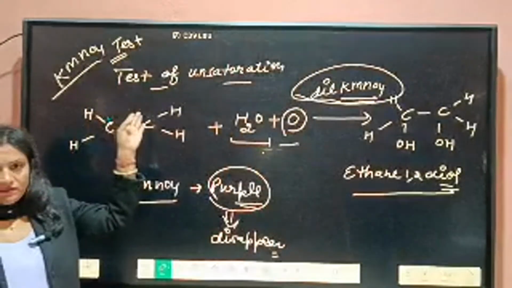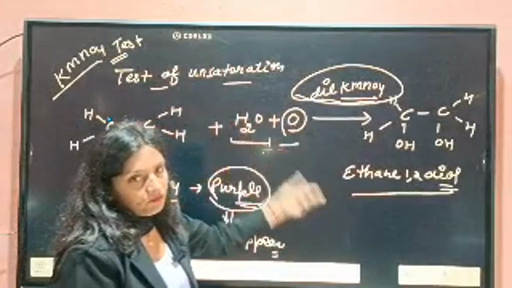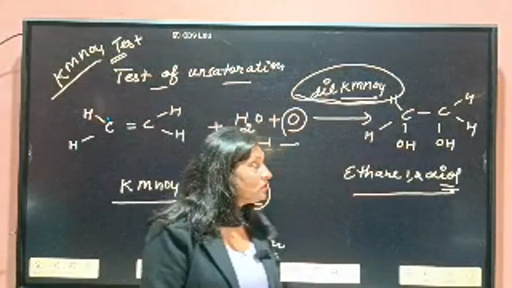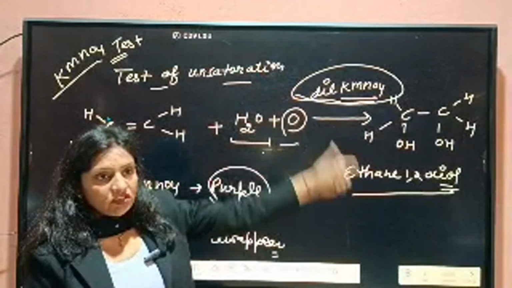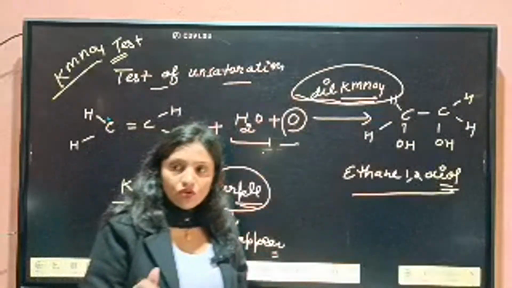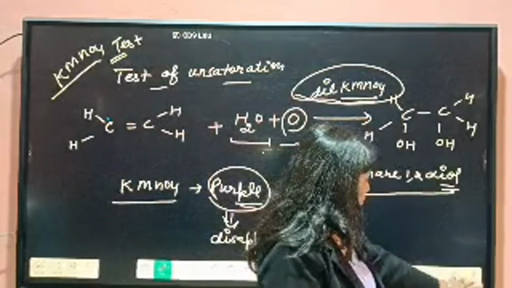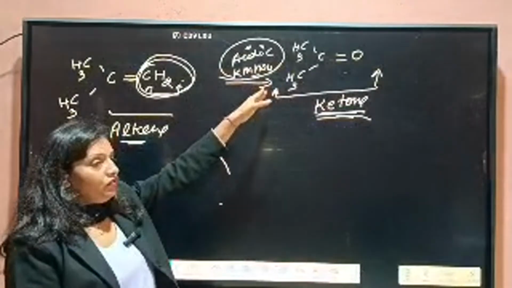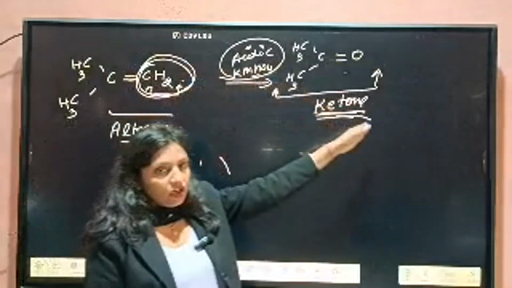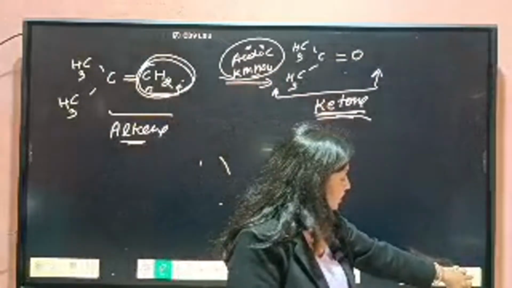If not, that compound is saturated. So that's why it is also known as the test of unsaturation, and bromine is also a test for unsaturation. If you do the reaction with acidic KMnO4, then it gives us ketone.